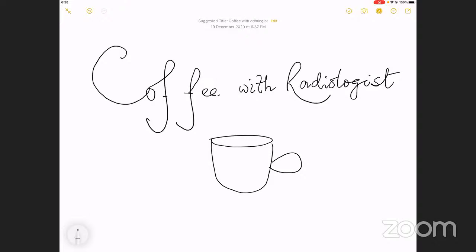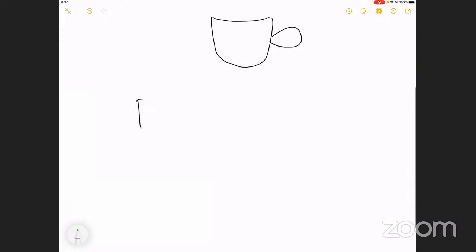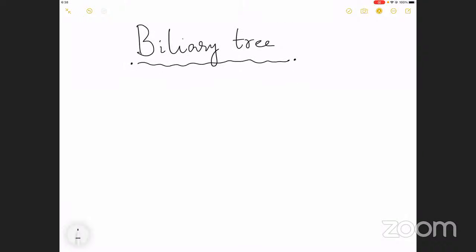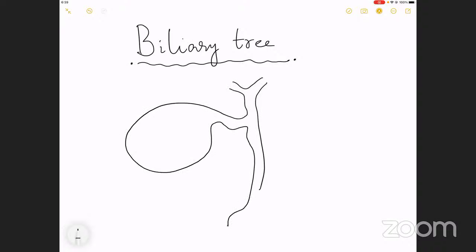Today, ladies and gentlemen, the main emphasis is the bread and butter: the imaging of the biliary tree. Don't worry, we are not going to cover each and everything that comes under biliary tree imaging. But if you are a practicing surgeon, in a peripheral hospital or the most sophisticated hospitals, dealing with cases of the gallbladder and the bile duct, particularly the extrahepatic biliary tract, which includes the cystic duct and the common hepatic duct with the bile duct, this discussion is for you.